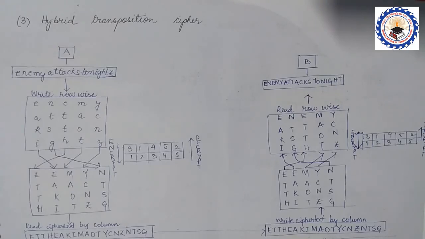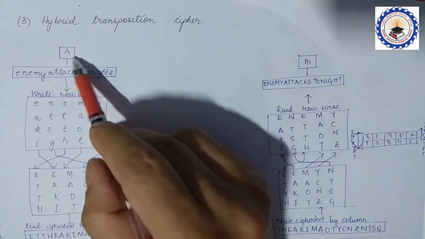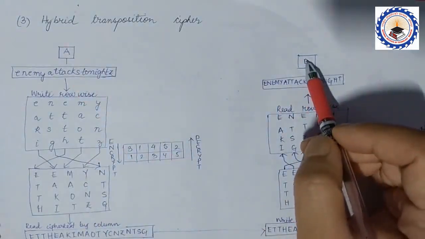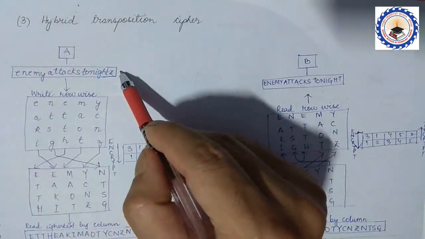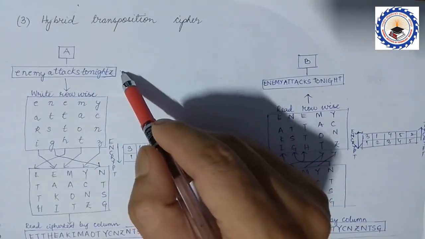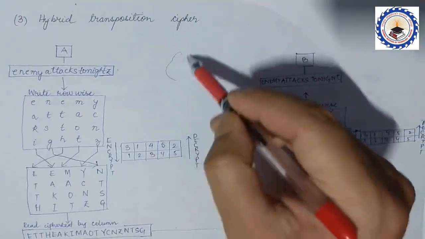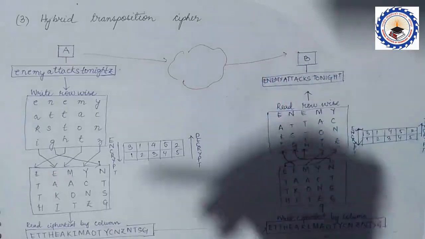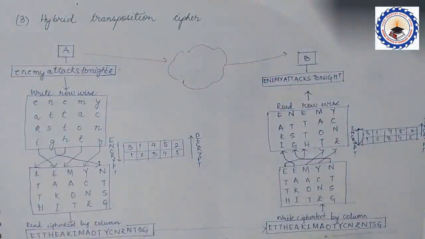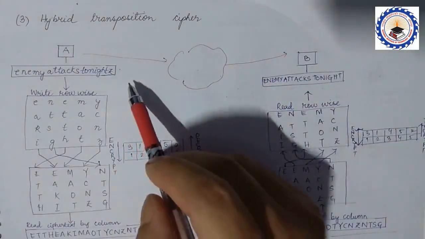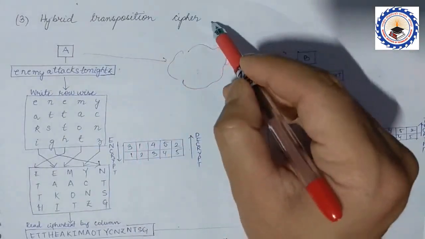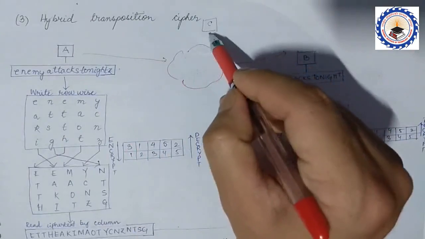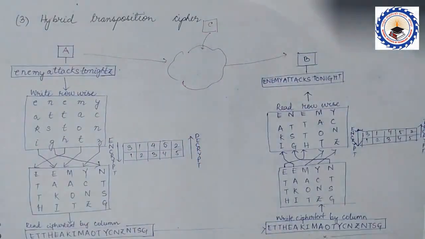For example, I want to send a particular message from A to B. Then I have to encrypt this plain text and send it through an untrusted channel, and that message should be delivered to B. The reason we perform encryption is that a third party residing somewhere else is continuously decoying on this network to retrieve the information or to modify it.